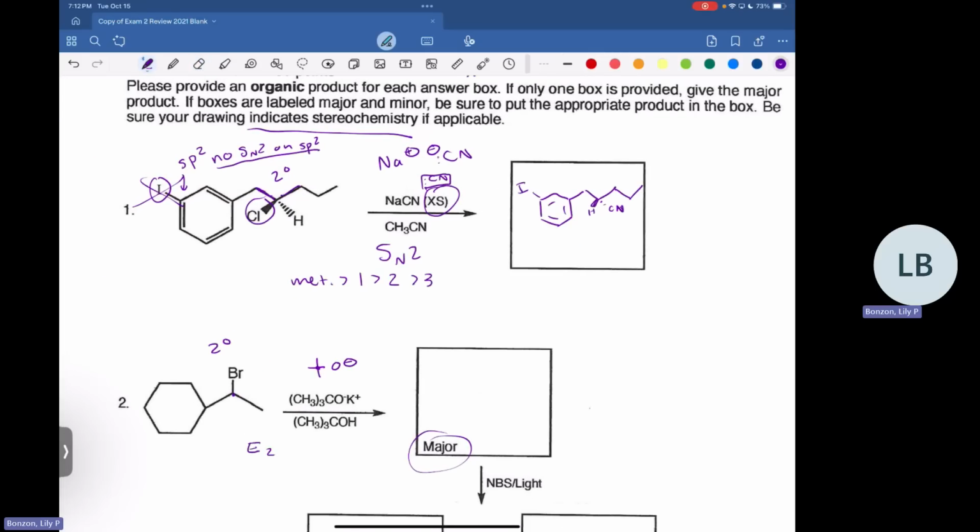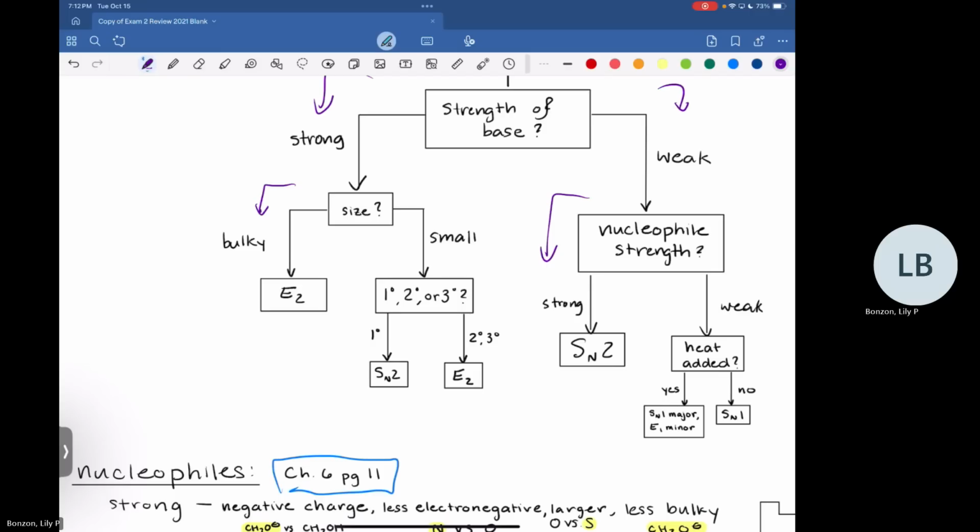And I probably should have put this on the flow chart. There's this thing called Zaitsev's rule. And no, it's not the Zaitsev in our department. This just tells you where the alkene forms.